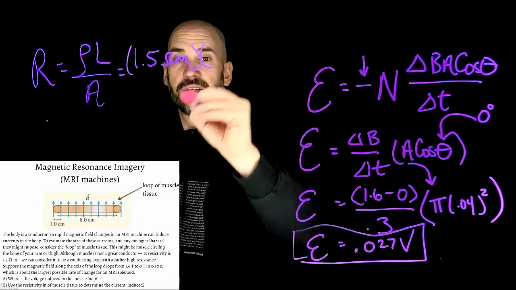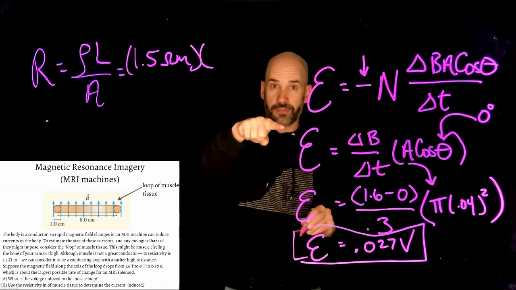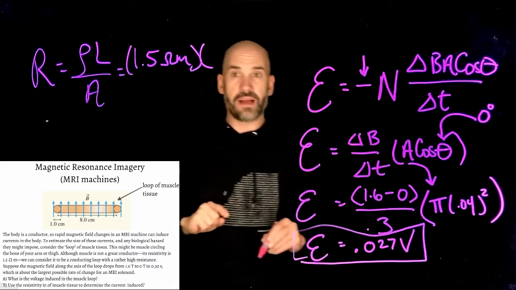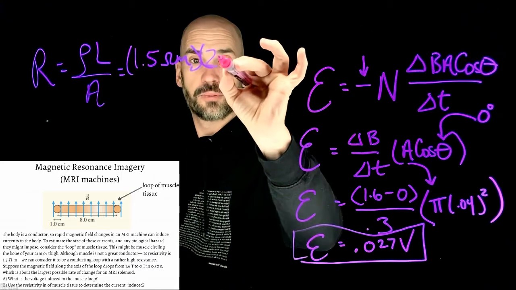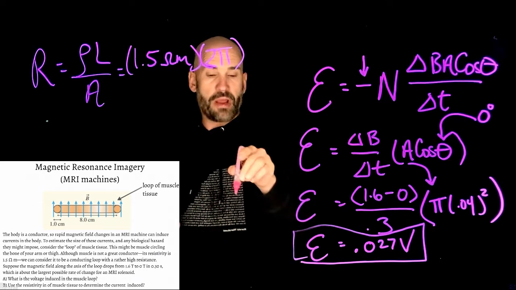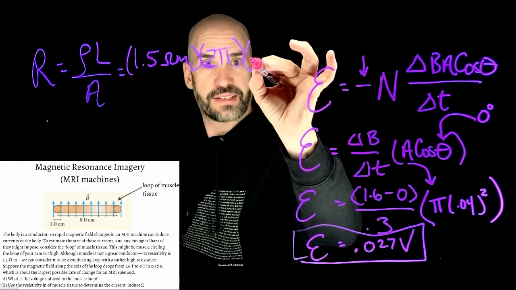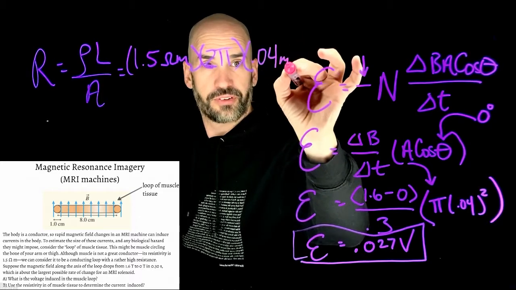They tell us the resistivity is 1.5 ohm meters. The length is going to be 2 pi r, the circumference of that loop, so that's 2 pi times the radius of the loop itself, which is 0.04 meters, or 4 centimeters.